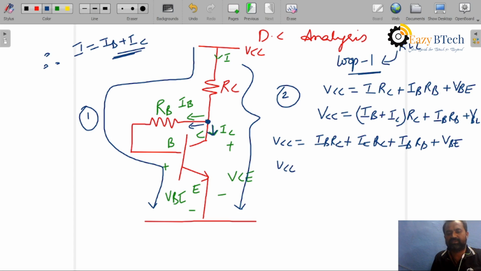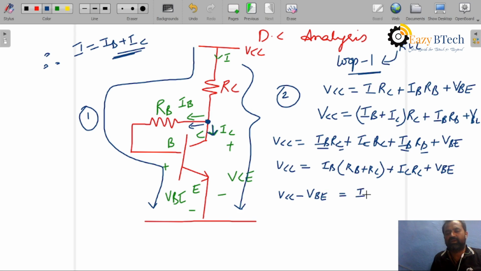You will write VCC is equal to, making IB common, IB into RB plus RC, plus IC RC plus VBE. Now bring this term to this side: VCC minus VBE is equal to IB into RB plus RC, plus IC RC.